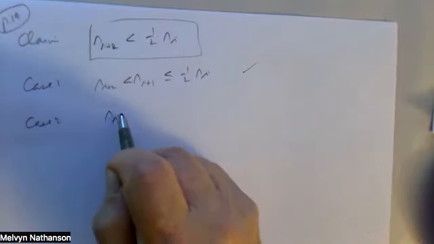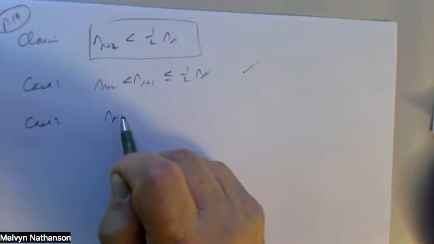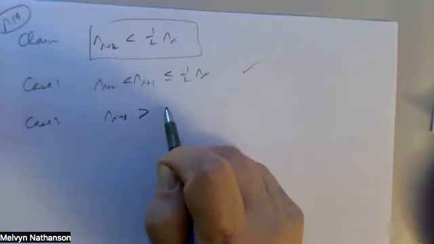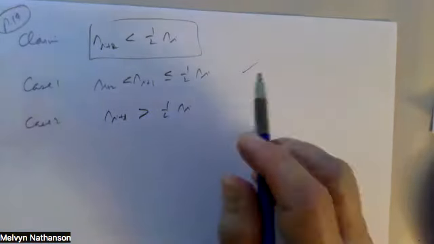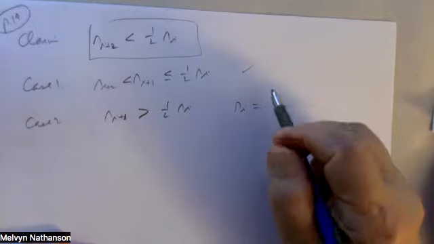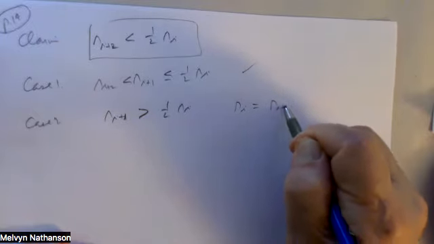Suppose that R_{i+1} is bigger than a half R_i. So let's look at the division algorithm. You take R_i, you divide it by R_{i+1}.